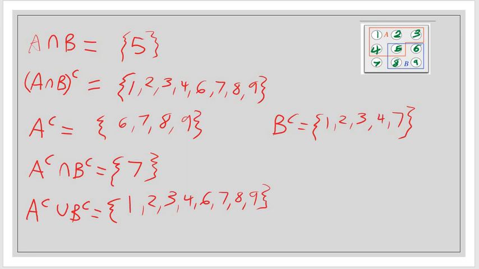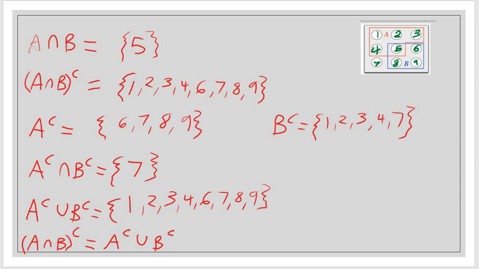And so I have an illustration of DeMorgan's law, (A intersection B) complement equals A complement union B complement.